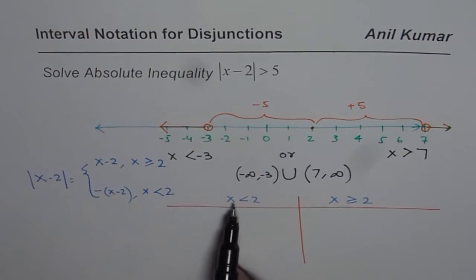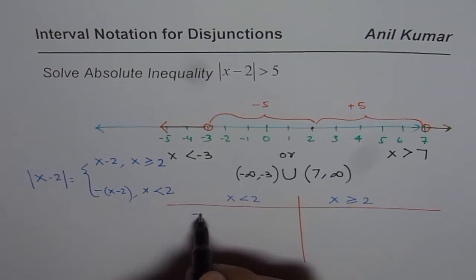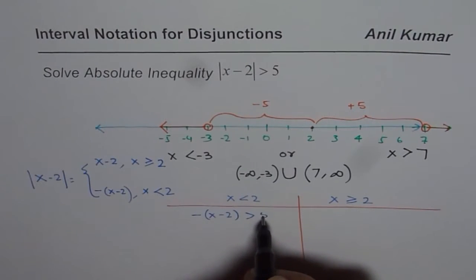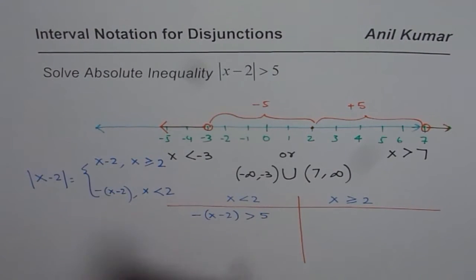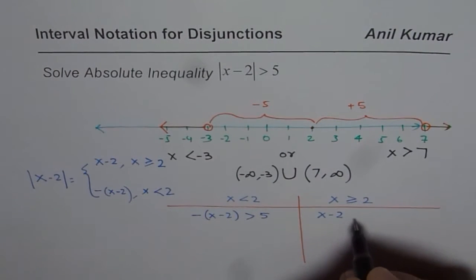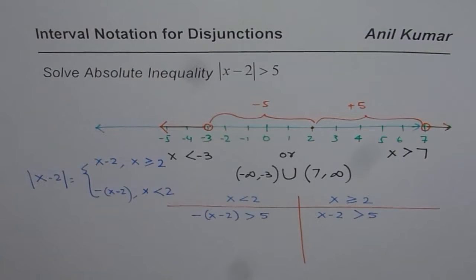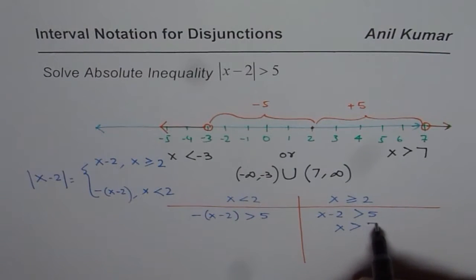So if x is less than 2, this inequality becomes minus of x minus 2 greater than 5. And if x is greater than or equal to 2, it becomes the positive value, x minus 2 greater than 5. Solve these inequalities to get the result. You can add 2 and get x greater than 5 plus 2, which is 7.